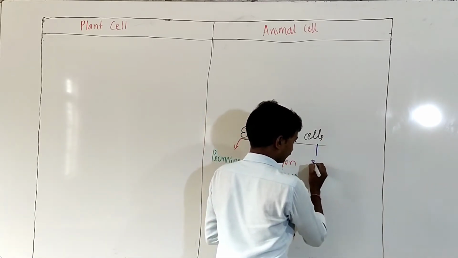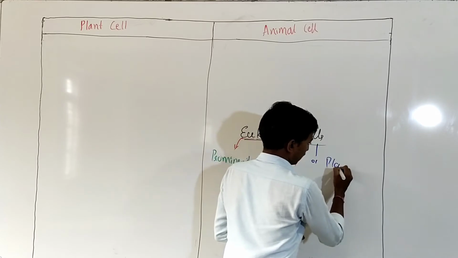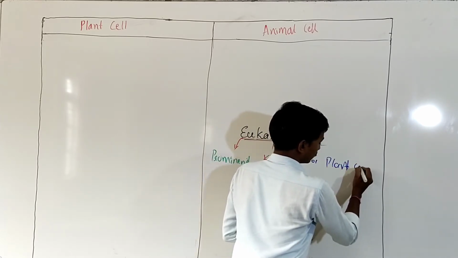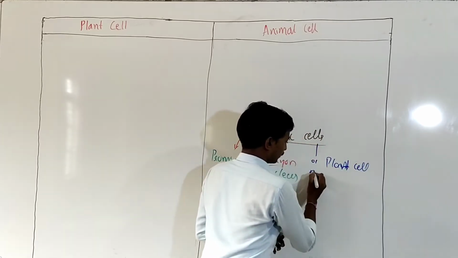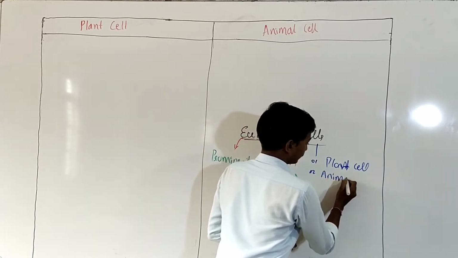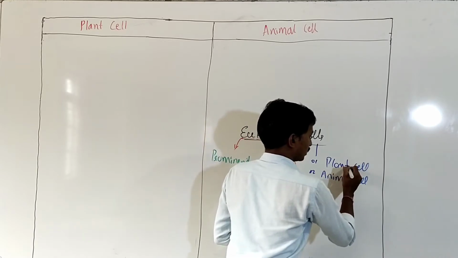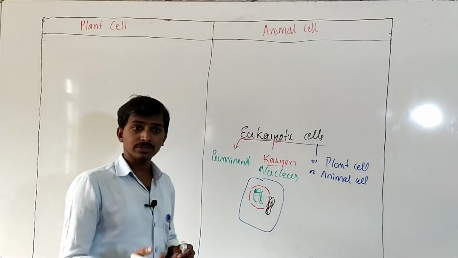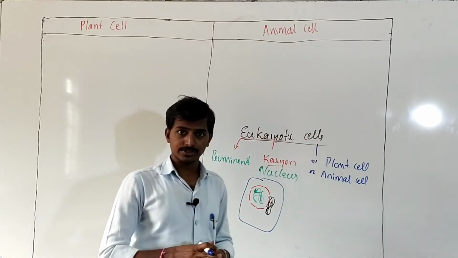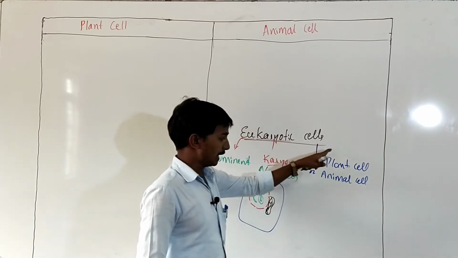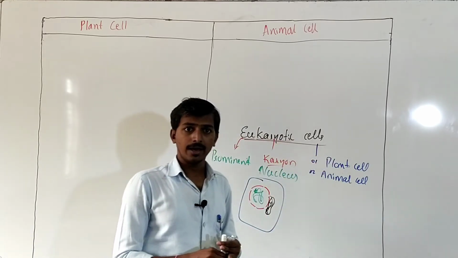One is plant cell, the other one is animal cell. So among the two major categories of living organisms, eukaryotes, one is plant cell and the other one is animal cell.